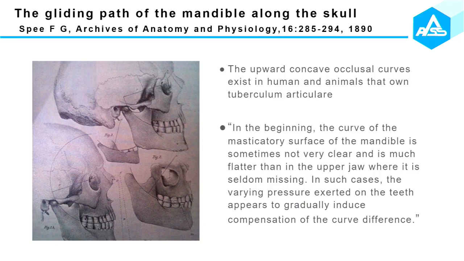For that purpose, I think prosthodontists will use normal occlusion as their study sample. But we are orthodontists. We deal with malocclusion. So the curve of Spee on the upper arch and on the lower arch may not be the same, right?